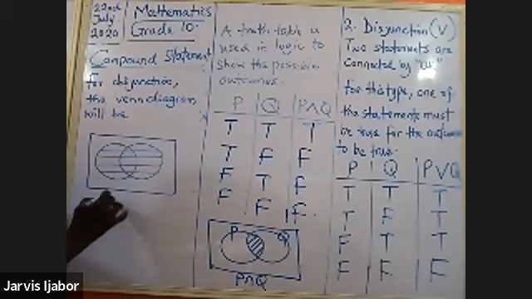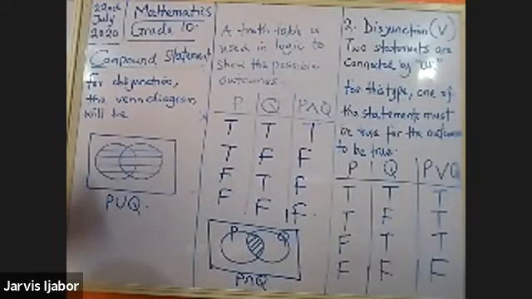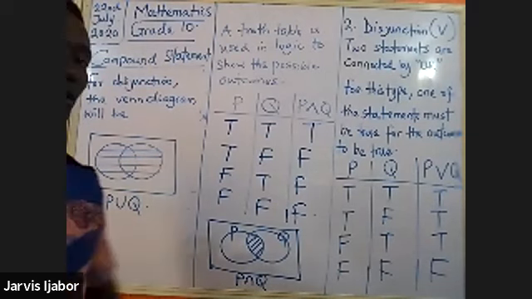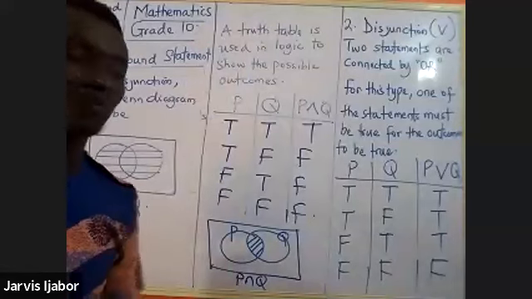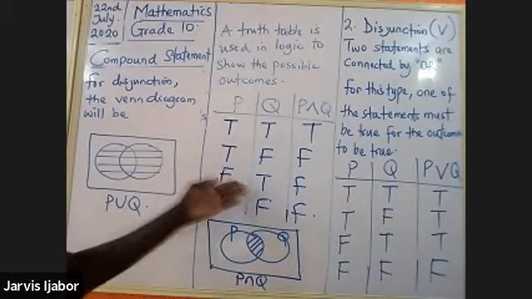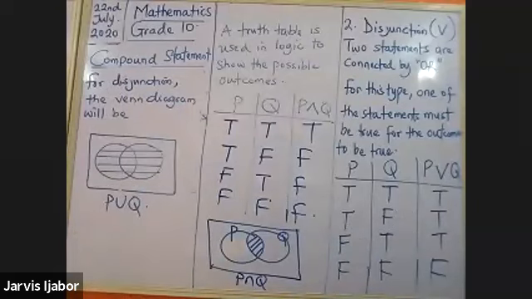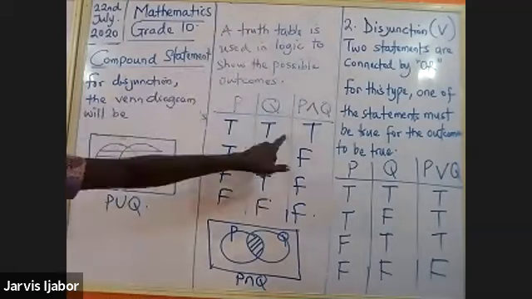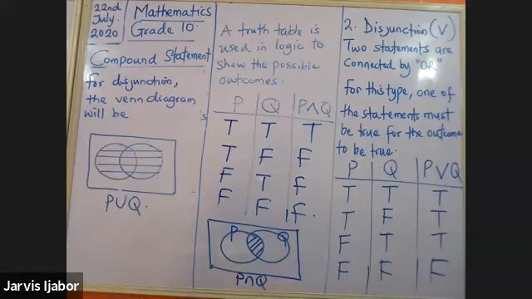So that is P union Q. I can ask you in a test: use a Venn diagram to represent a disjunction, with the Venn diagram and truth table. That's what I expect you to do. Venn diagram, truth table. So the truth table for this one is this, while the truth table for conjunction is this, with the Venn diagram being this. All right.